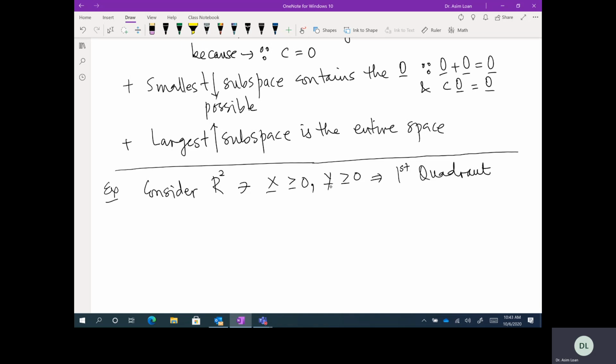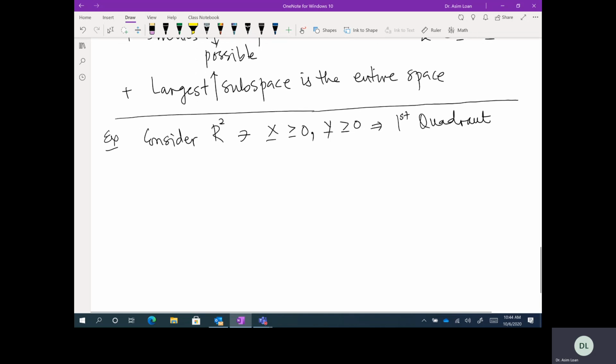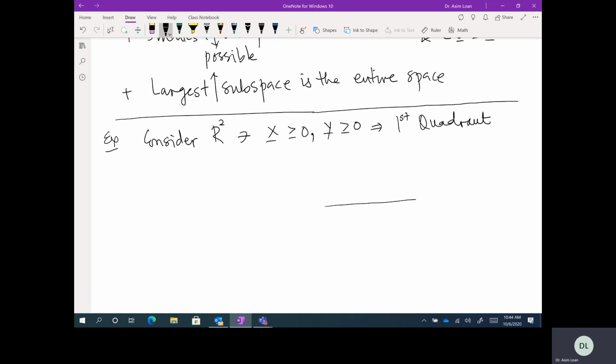So if we are in the first quadrant, we are over here. So y, x, this is the first quadrant. This is your 0.